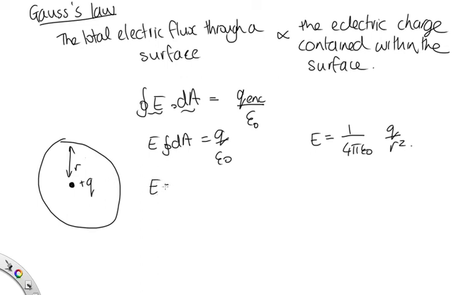So E times the surface area, which is 4 pi r squared, equals q over epsilon naught, and so E is equal to 1 over 4 pi epsilon naught q over r squared. And these are in agreement with each other, suggesting that we've taken the correct constant of proportionality here.